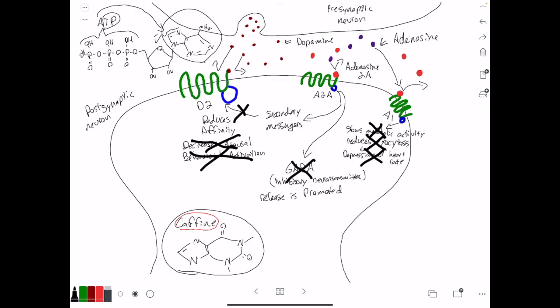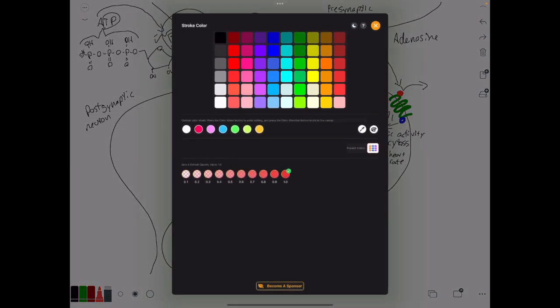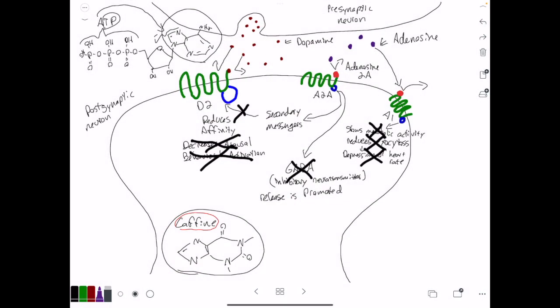But what happens when, and likely most of us have experienced this as well, that caffeine starts to wear off? Well, while caffeine is blocking A2A and A1, in the background, your body's still going through metabolic processes.